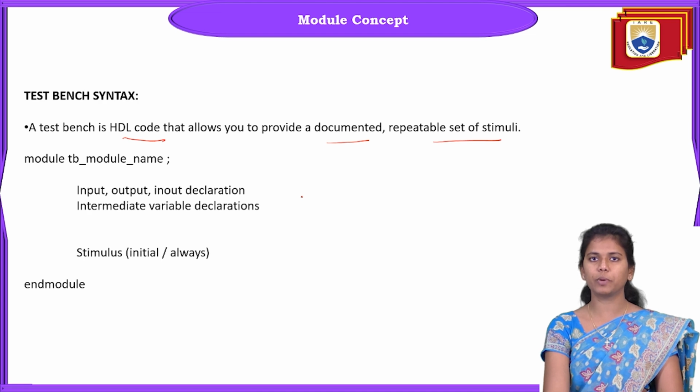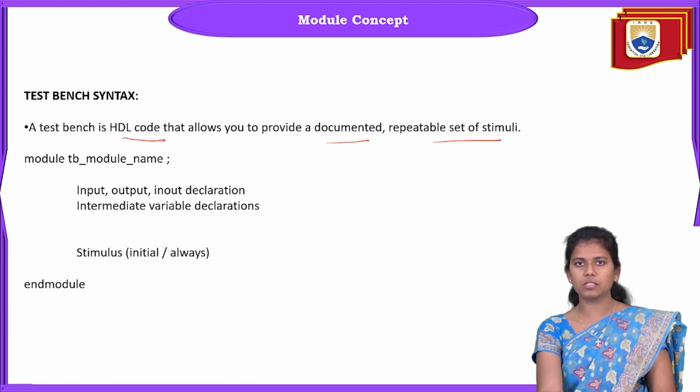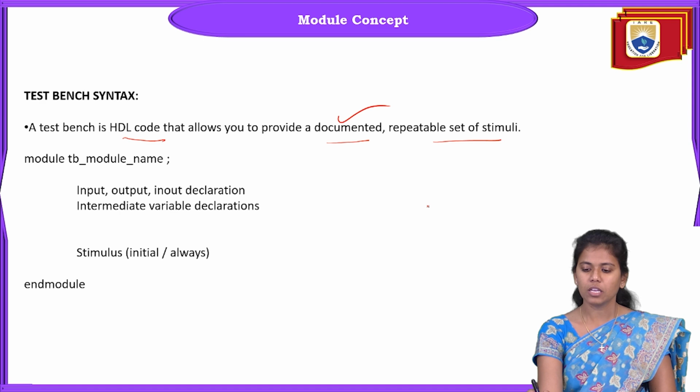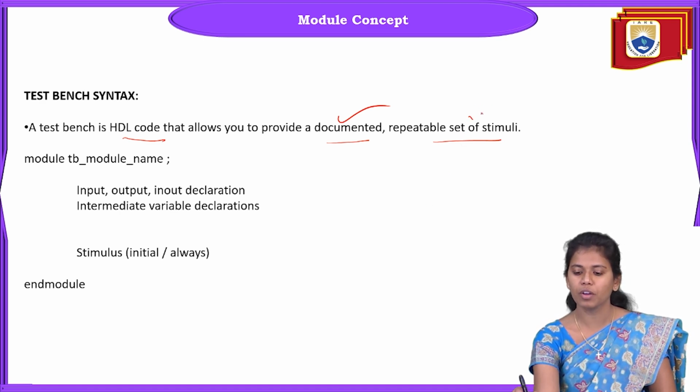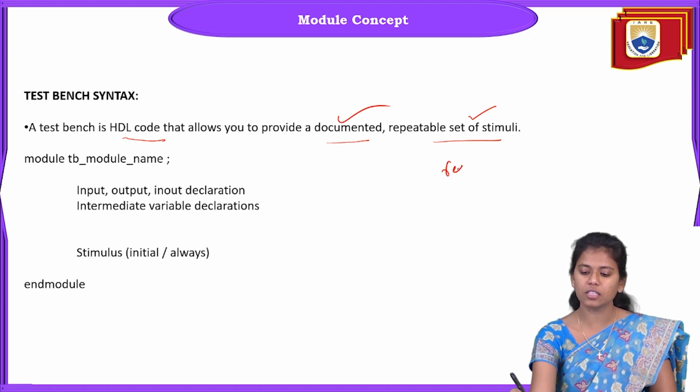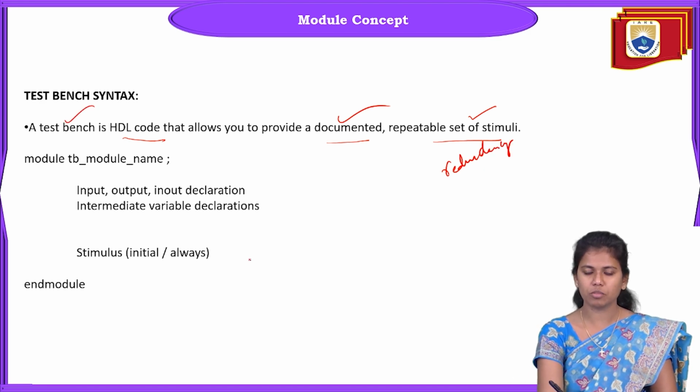So in this test bench, it provides documents which are a repeatable set of stimuli. You can see some repeatable things here, the concurrency and the redundancy. The redundancy can be seen in this test bench.